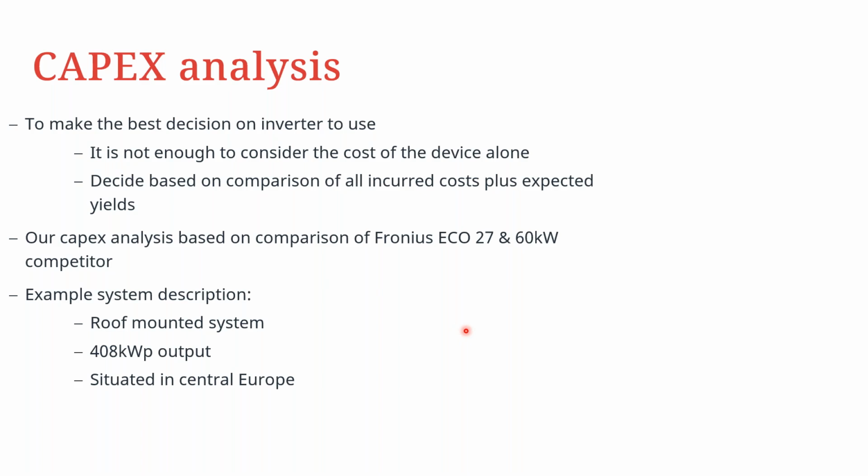So in this comparison of the Fronius Snap Inverter Eco 27 and the 60 kilowatt competitor, we looked at a roof-mounted system, which is about 408 kilowatt peak, and this system is situated in Central Europe.